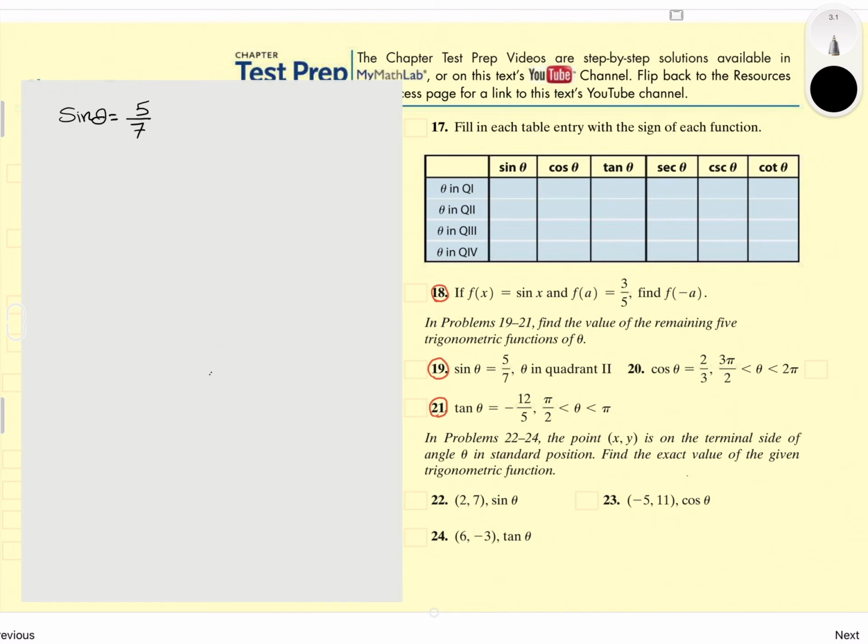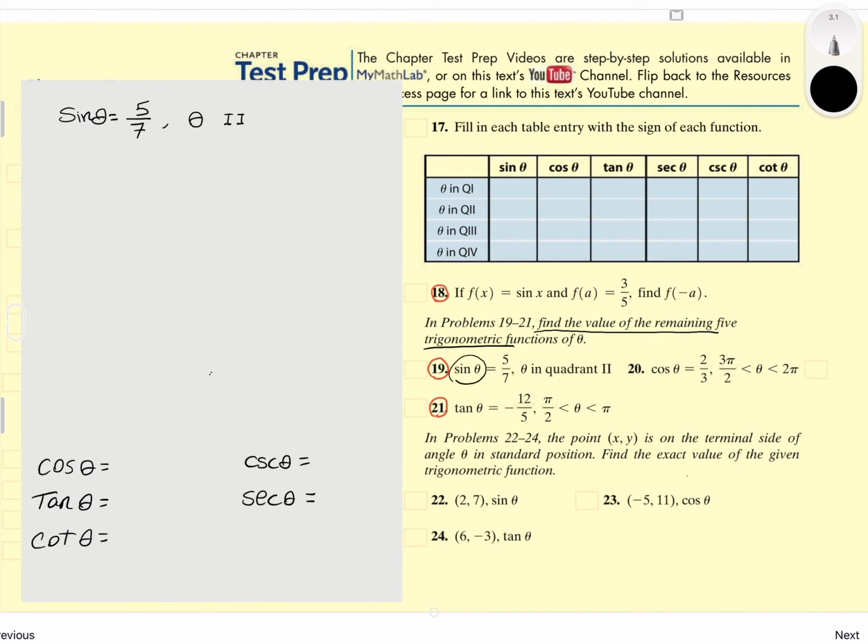They're asking us to find the value of the remaining 5 trigonometric functions. So you know we have 6 trigonometric functions. One of them is given, sine is given. So we are looking for cosine of theta, tangent of theta, cotangent of theta, cosecant of theta, and secant of theta.